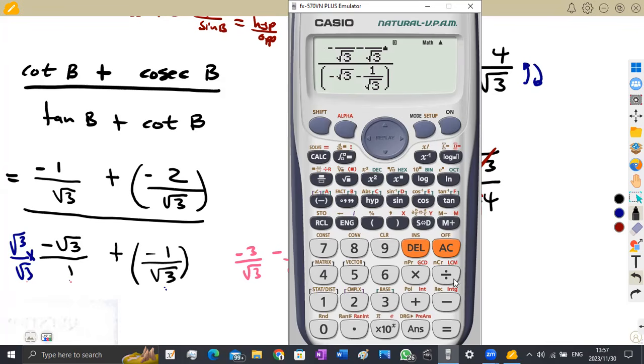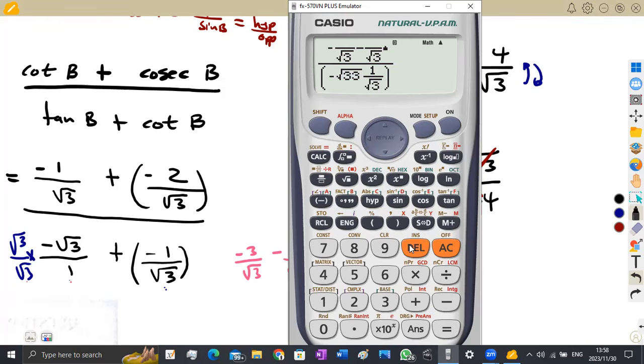Okay, sorry for this, guys. Still, I don't know how I put this negative square root of 3. Negative square root of 3. Guys, my calculator is just somehow misbehaving.